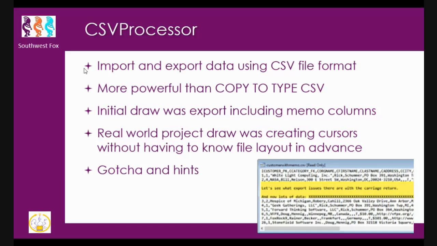So this code will actually handle that. On the export, it will export the data as is with the carriage return line feeds in it, and it will import it with the carriage returns and line feeds in it. That by itself made me interested in this project.